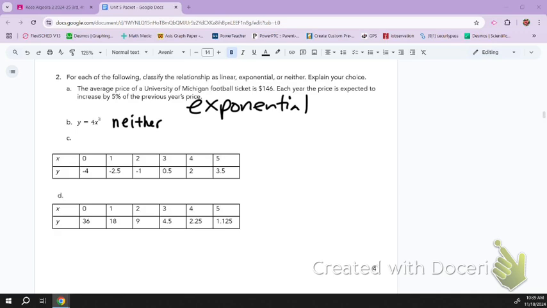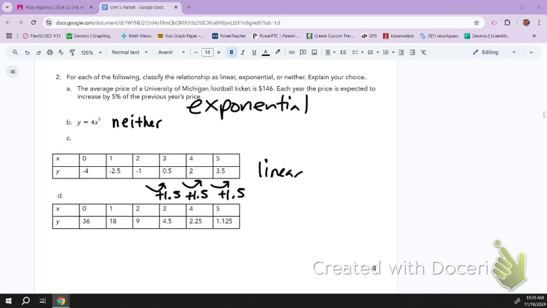How about in part C? We got a table. Linear? We said exponential. It's adding 1.5 each time. Did you see that? Adding 1.5 consistently. So this would be linear.